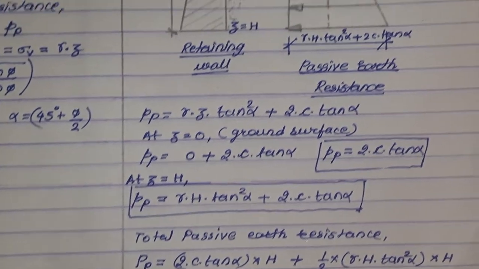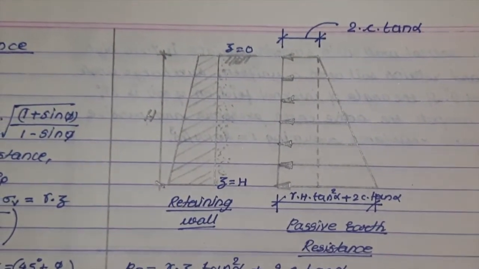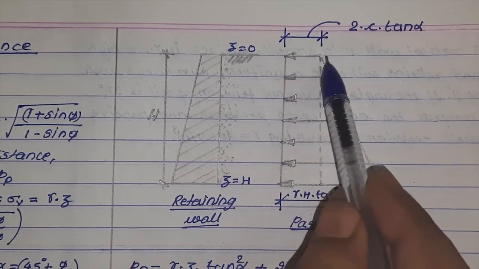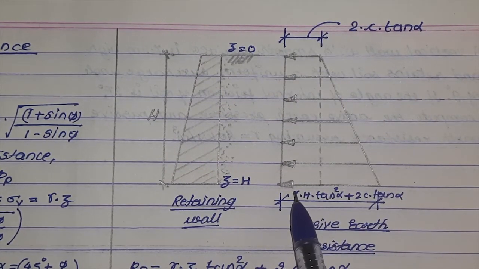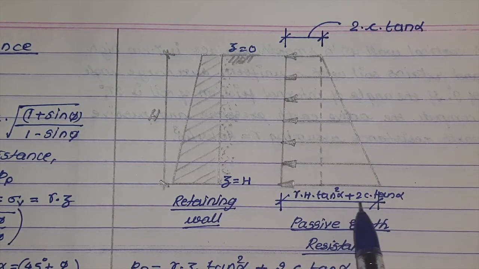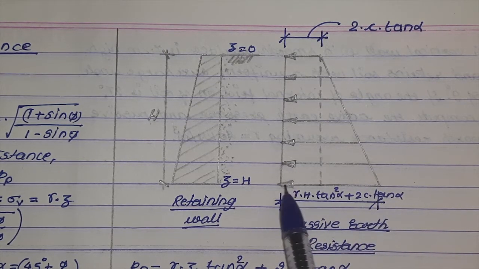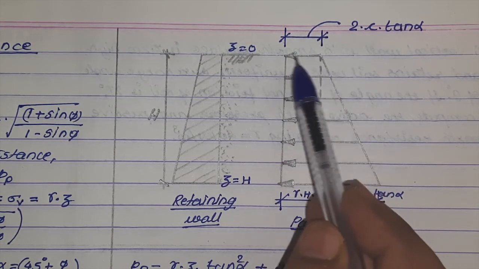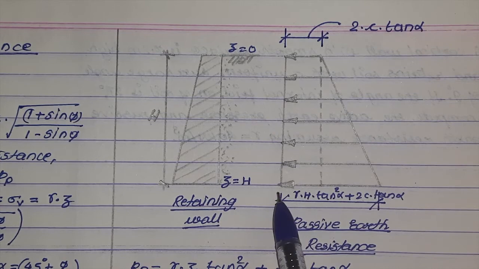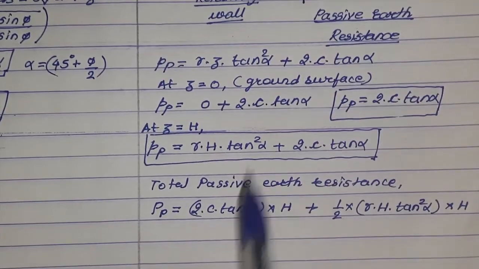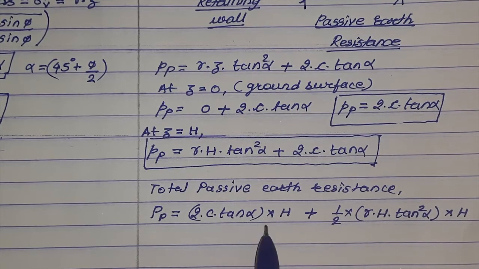Let us come back to the diagram. In this diagram, we can understand this rectangular portion is constant, of value 2c tan alpha. Although this value is written as the second term, it is acting in this portion. So 2c tan alpha would be the width of the rectangle, and the height would be capital H. Hence, the first term represents 2c tan alpha multiplied by h.